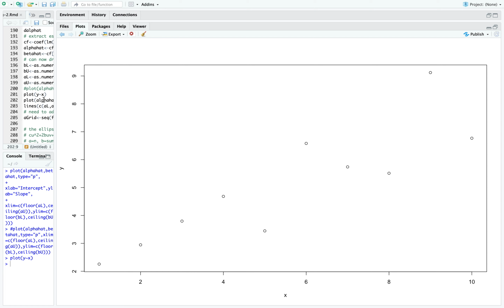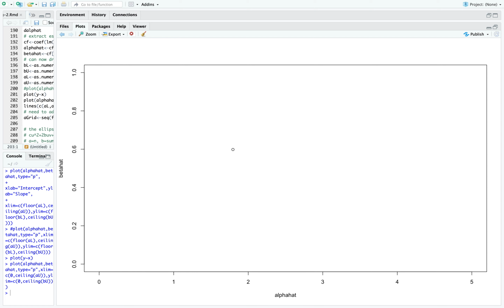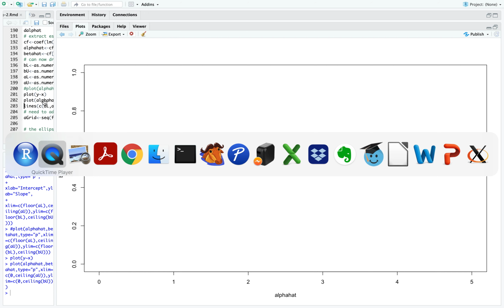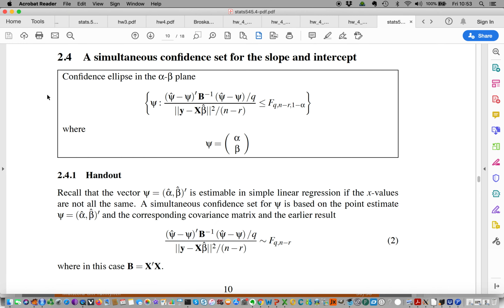So this corresponds to a single point, an estimate of alpha and beta in the plane. And we derived the formulas for the confidence set, which is an ellipse in the plane. It's the set of all alpha-beta pairs such that the estimates differ by less than this F from the estimates.